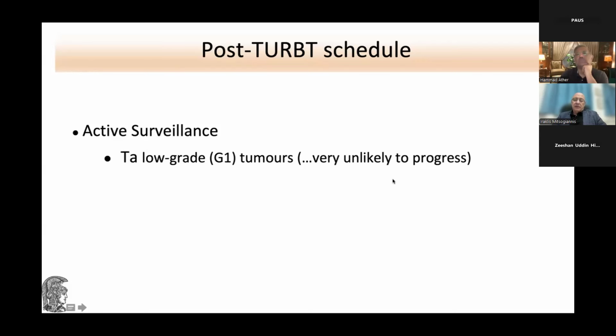These tumors have practically 0 propensity to progress and low likelihood to recur. Of course, we do have recurrences, but these are, generally speaking, the good, between quotation marks, tumors that will not usually cause any severe problems.